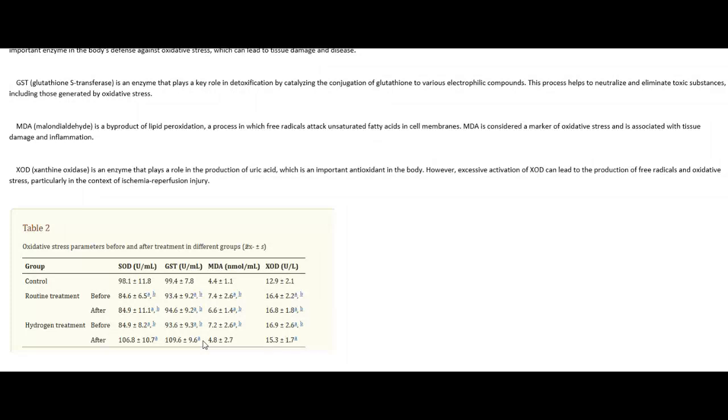For the hydrogen treatment, it was 93.6 plus minus 9.3 before the treatment, and after the treatment it was 109.6 plus minus 9.6.